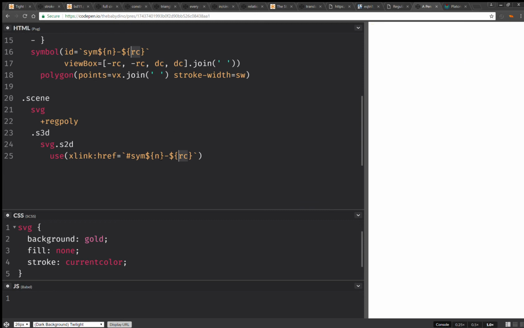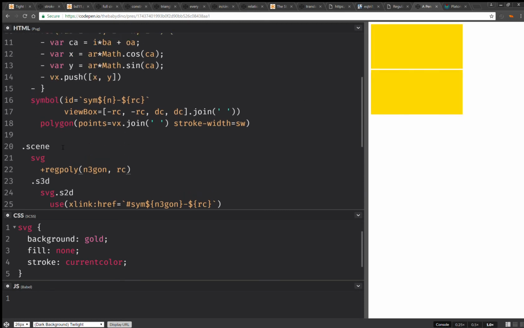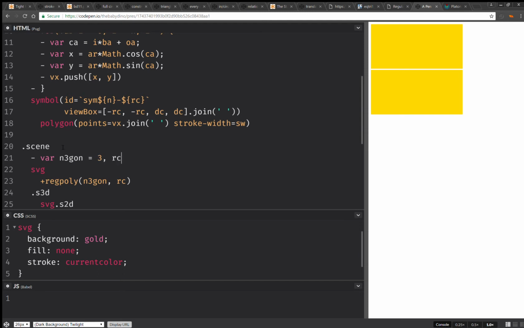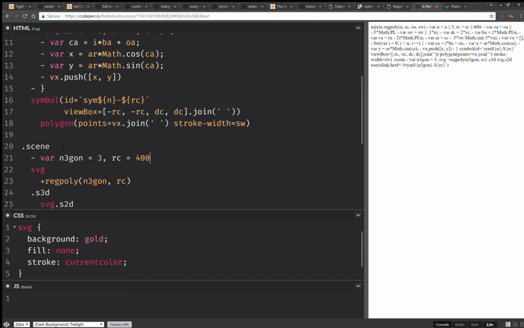Okay, now one more thing that we're going to need to set here. We're going to need to set these values. So we're going to have three, and this is going to be 400.